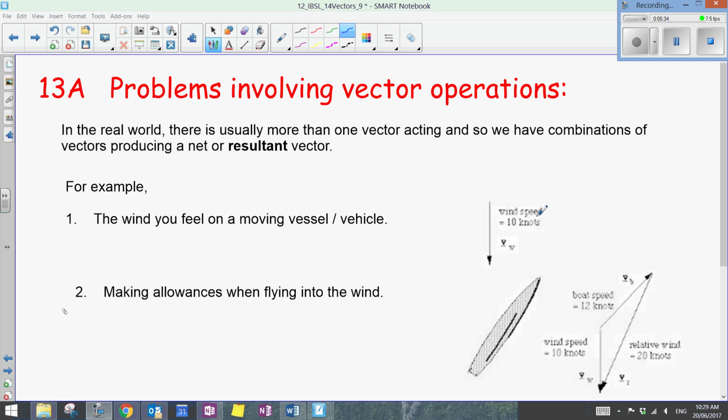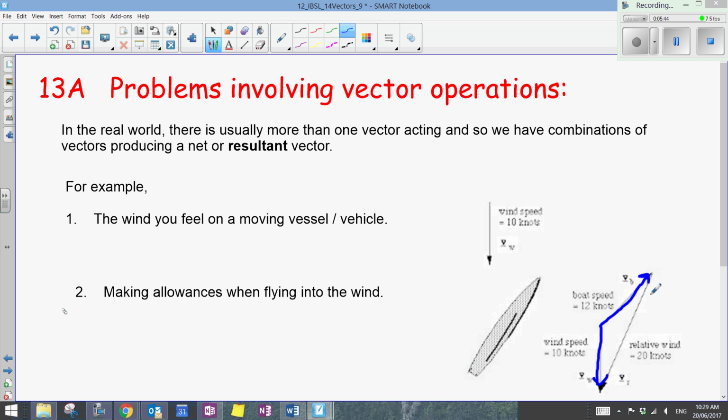So you've got here wind speed at 10 knots, moving in this south direction, coming straight from the north. And then you've got this boat that's trying to travel in this direction. And what winds up happening is you basically have this opposing, the relative wind that's actually going to slow the boat down and also change the direction. So all of these external factors are going to affect whatever particle we're watching or following their motion.